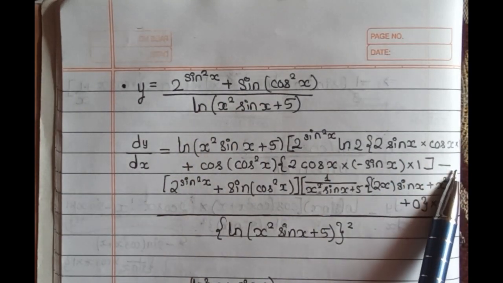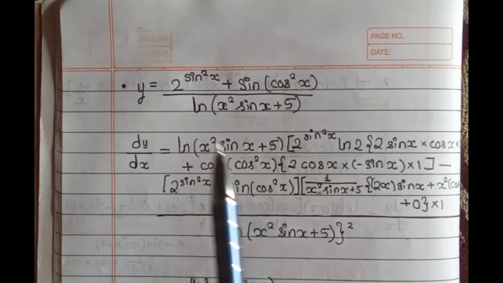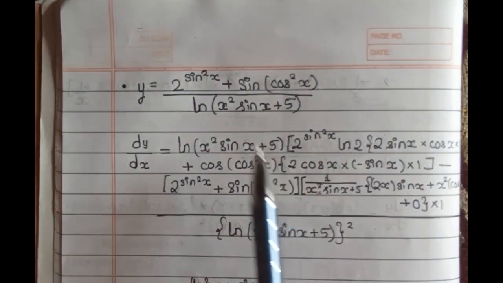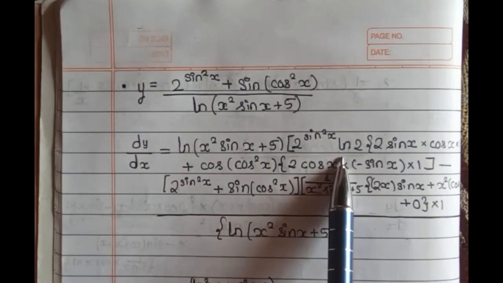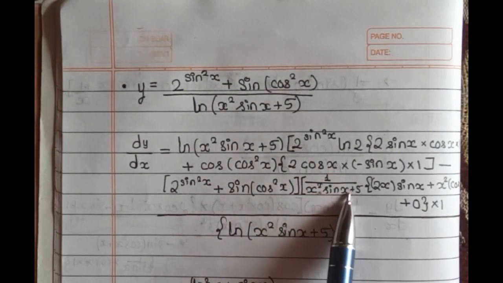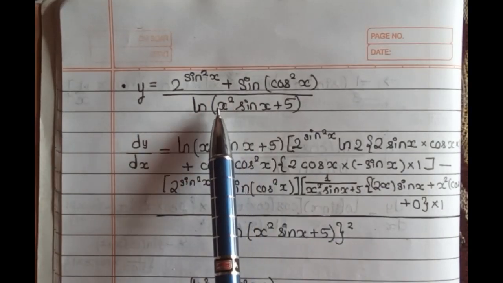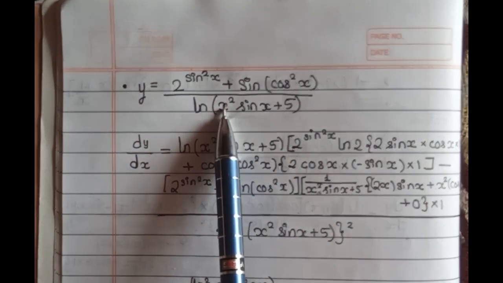Now apply the negative sign and then keep the numerator constant and differentiate the denominator. So it is ln, and treat this as x, so it will become 1 upon the function which we have treated as x, that is x square sin x plus 5. Now differentiate the inner function, which is x square sin x.